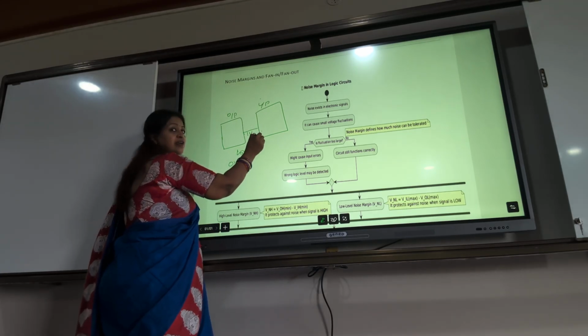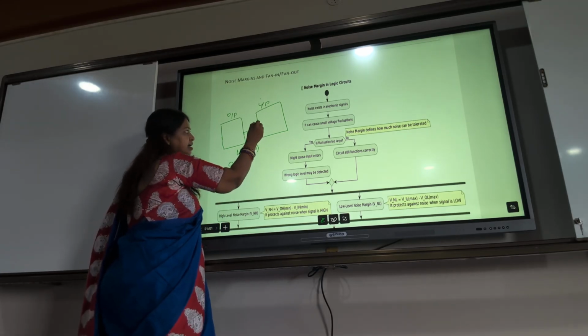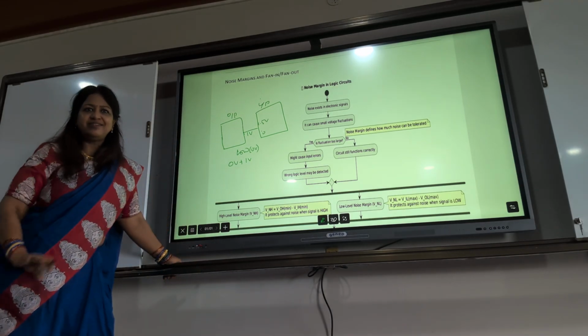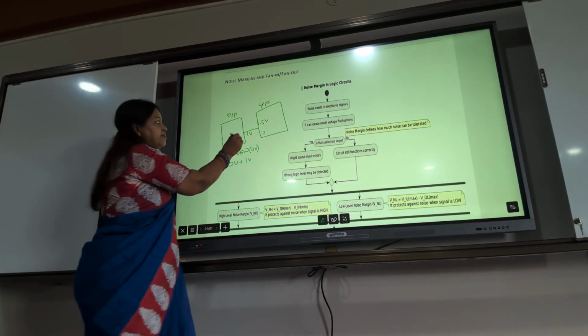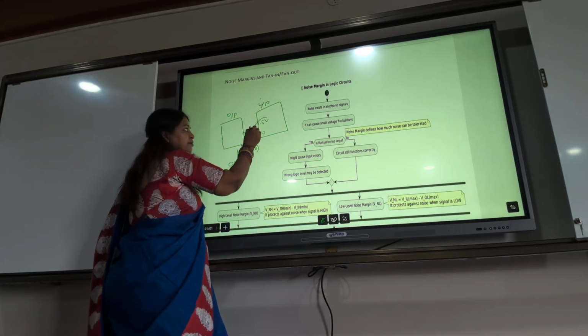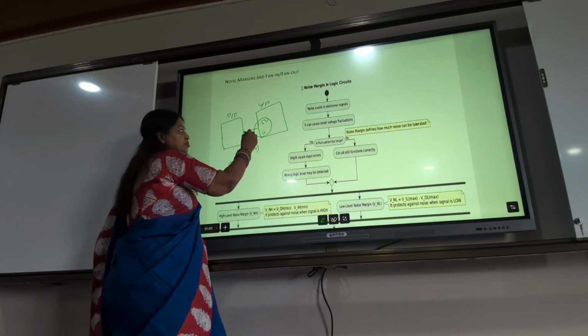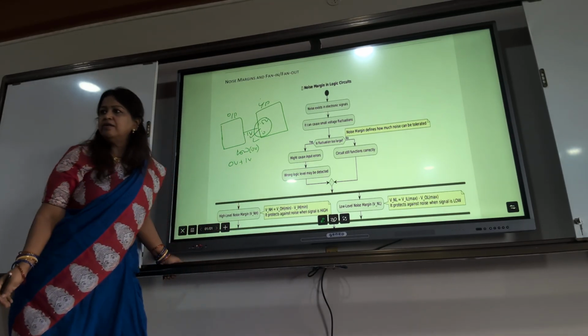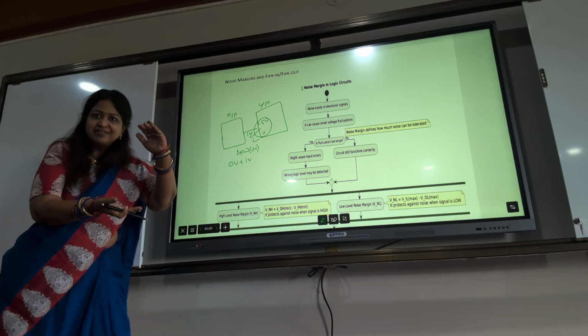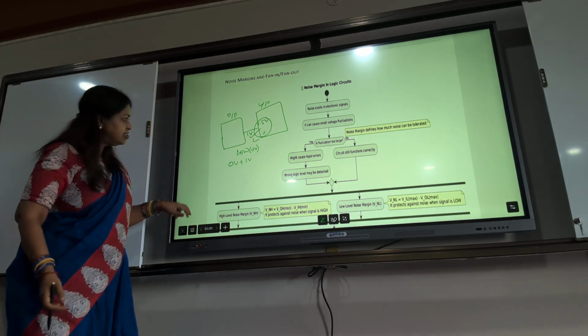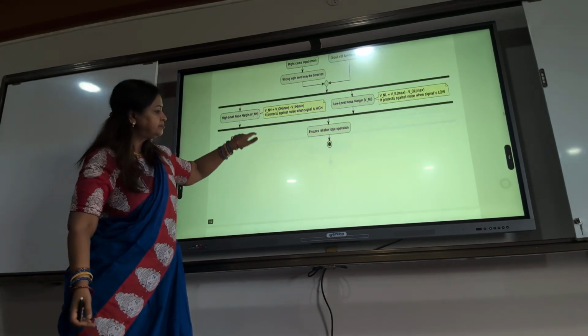And this device has a noise margin such that it can accept 0 to 1.5 as low. At that time, 1 volt is coming between 0 and 1.5, so this will be considered as low. So that margin is called the noise margin.